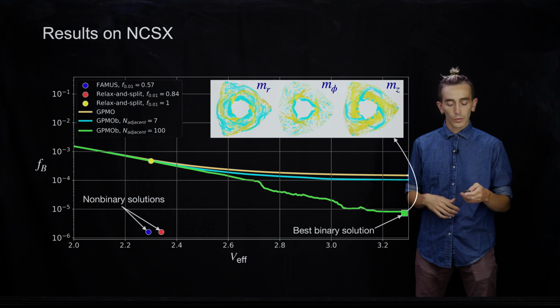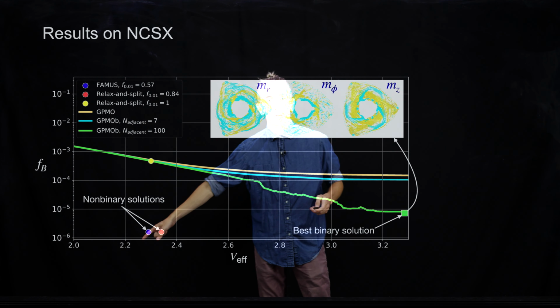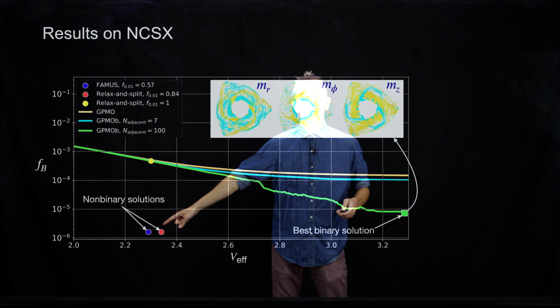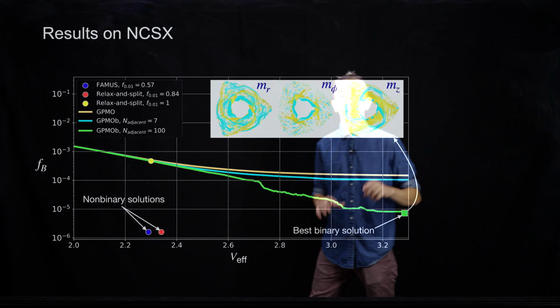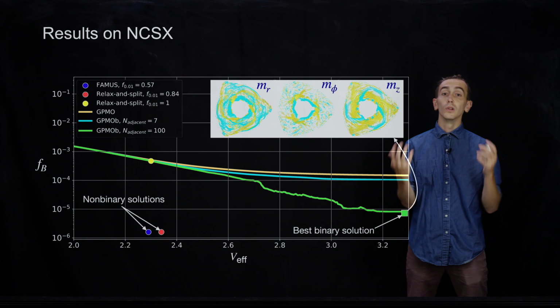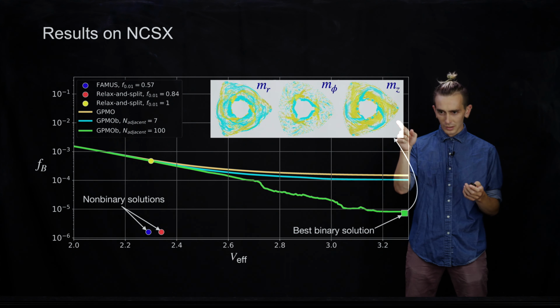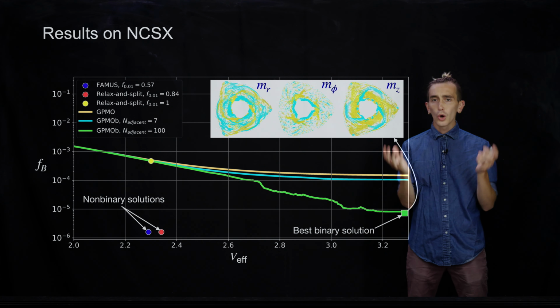What we were able to show is that, for instance, relax-and-split can produce very high quality solutions for this NCSX stellarator at pretty reasonable values of this effective volume. But importantly, they can't do it with these fully binary solutions where you're placing a magnet that is grid aligned and full strength and nothing in between, right?